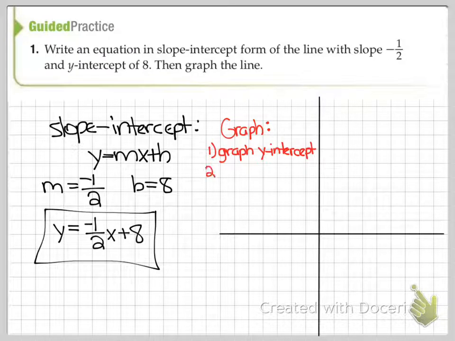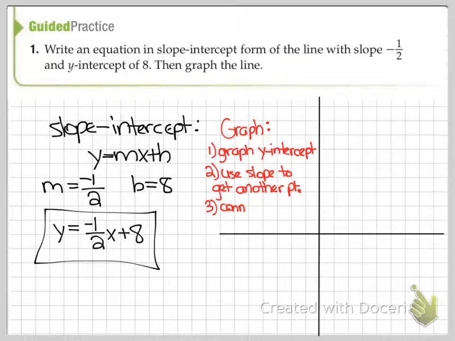After you graph the y-intercept, you're going to use the slope to get another point on that line, and then you just connect them. Okay, and so then I'm going to connect them using a ruler. Okay, it's not straight, it's not a line, unless you are using a ruler.